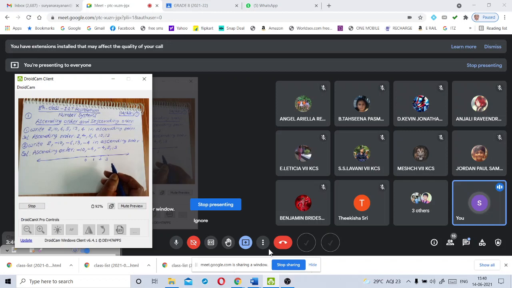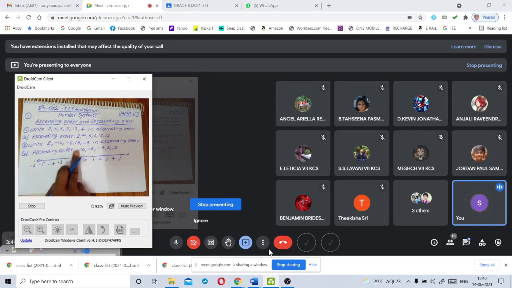If you want to represent these numbers pictorially, visual representation on the number line, minus 1, minus 2 on the left side, minus 3, minus 4, minus 5, minus 6, and so on.